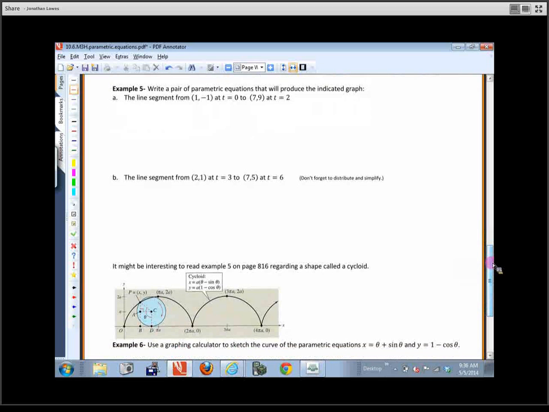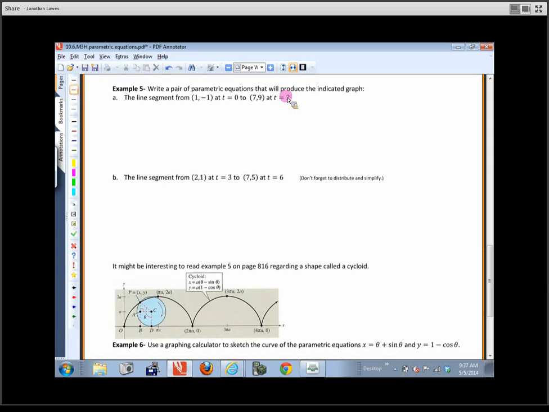Okay, getting close to done, and then we'll do some fun stuff. This is a little bit challenging, and I guarantee you'll see this in Math 1060. This says, write a pair of parametric equations that will produce the indicated graph: the line segment that goes from (1, -1) when t is equal to 0, to (7, 9) when t is equal to 2.